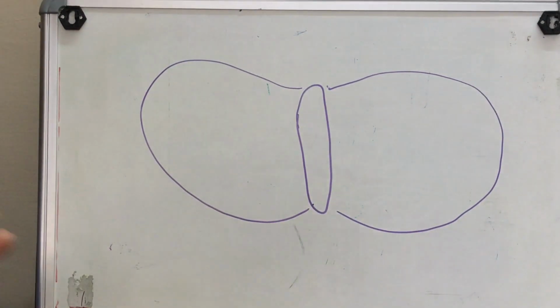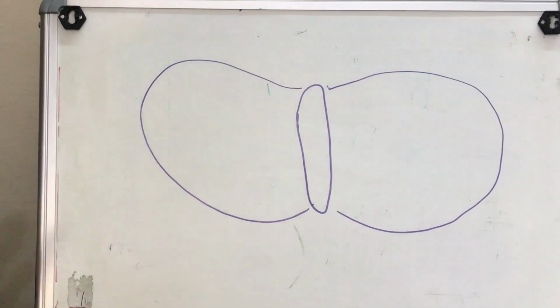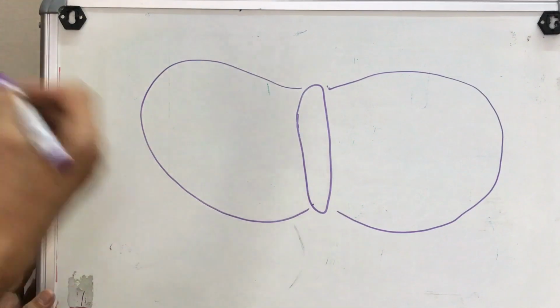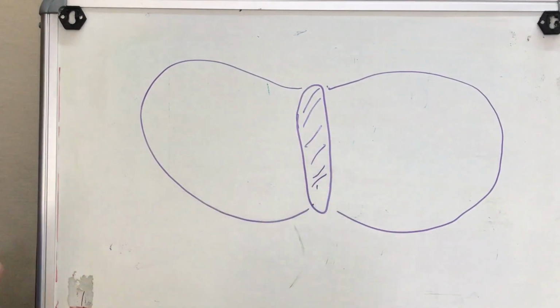Based on this, we can functionally divide these parts into three parts. One is the central one, the vermis, because it is the medial-most, so it controls the medial-most part of our skeletal system.